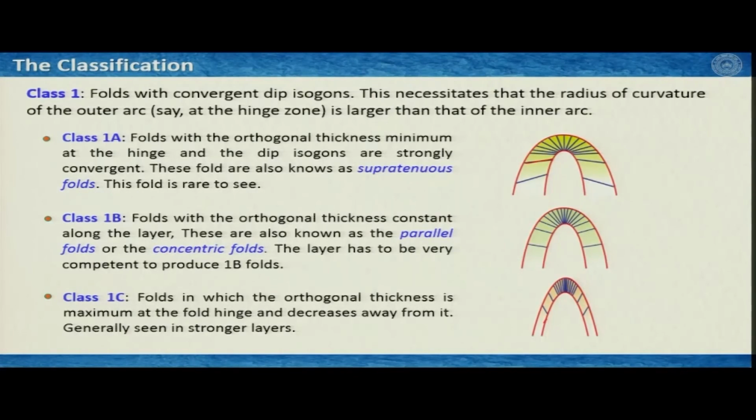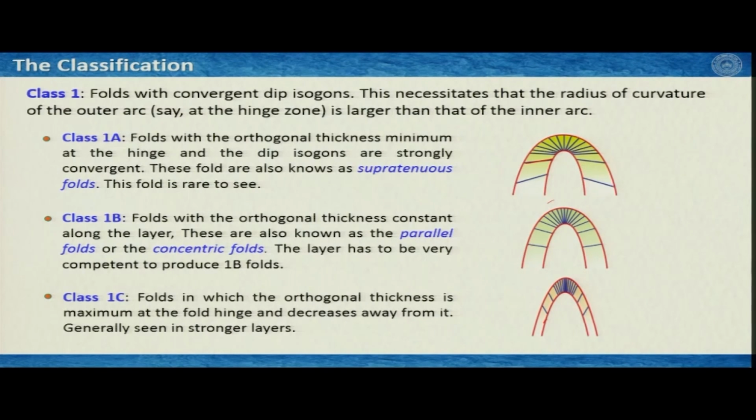Class 1B folds are also known as parallel folds or concentric folds, because their curvatures are arranged in such a way that they are always parallel to each other. And generally, class 1B folds we mostly see in very competent layers.